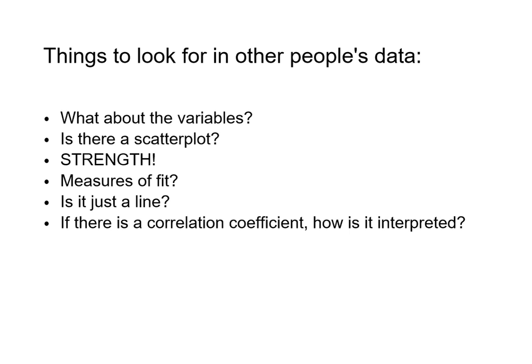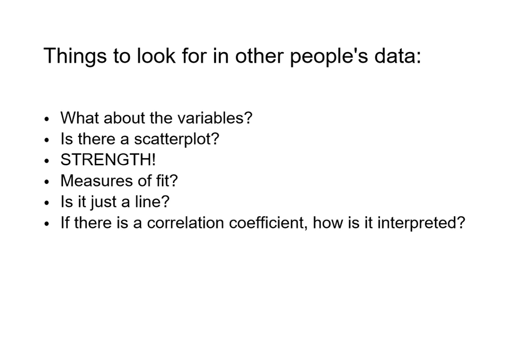Strength. Does the relationship between the two variables appear to be weak or strong? Is the value of the correlation coefficient reported? Measures of fit. If the least squares line is used to measure the relationship between the dependent and independent variables, is any measure of goodness of fit reported, such as the R squared or your S sub E, your standard deviation?